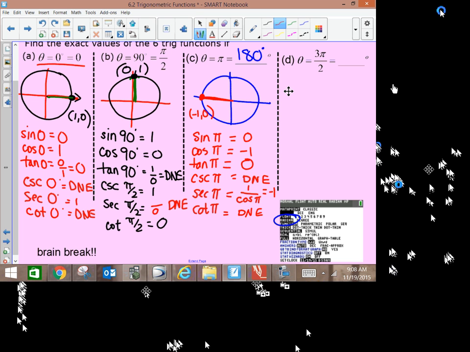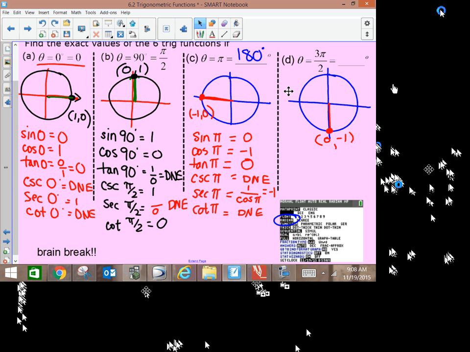All right. Quadrantal angle 3 pi over 2. How many degrees is that? 270. So the terminal ray would be right here. Ordered pair is 0, negative 1. Okay, sine of 3 pi over 2.